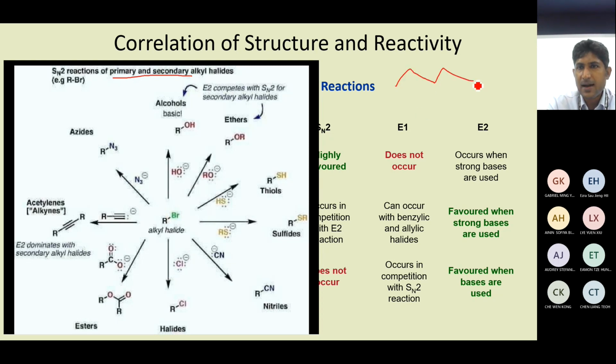So this is a primary halide, let's say chloride is here, and this is a secondary alkyl halide when the chlorine is there.